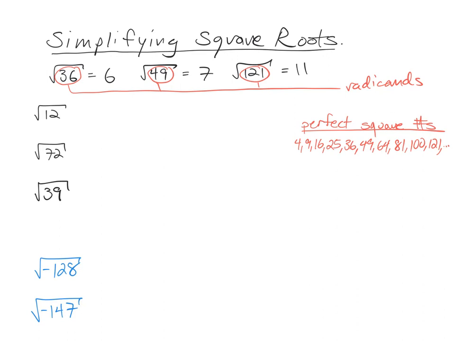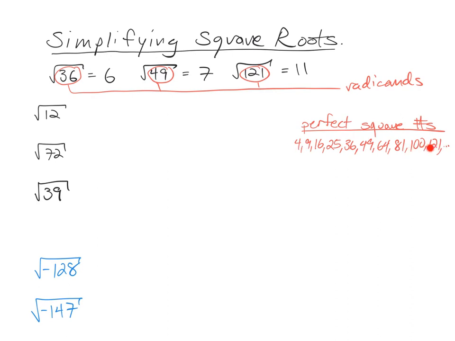So what we do is we try to find the largest number in this list that we can make a factor of this number at each radicand. So for example, when I look at this first square root, I know I can factor 12 into two different numbers, like 1 and 12, but 1 and 12 are not in this list.